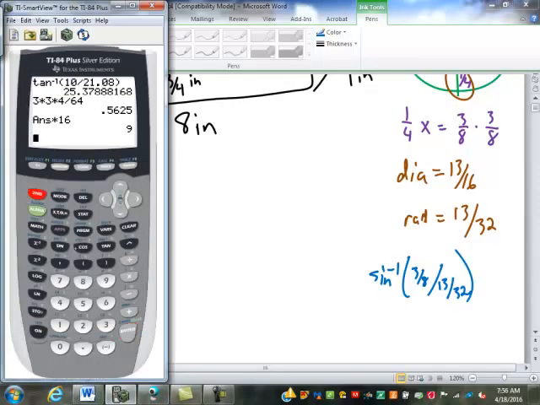So inverse sine, yep, exactly. 67.38 degrees. Now I'm going to multiply that by 2 because that's only half the angle. So the whole angle is 134.76.